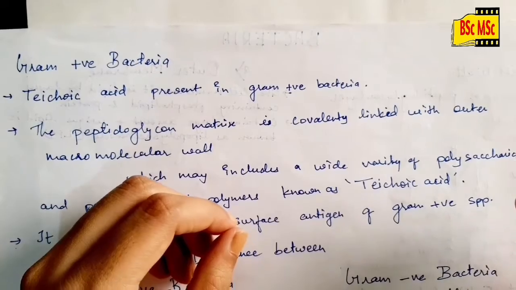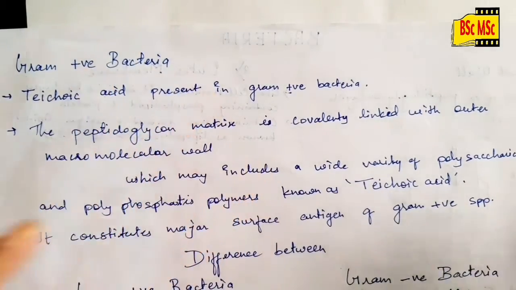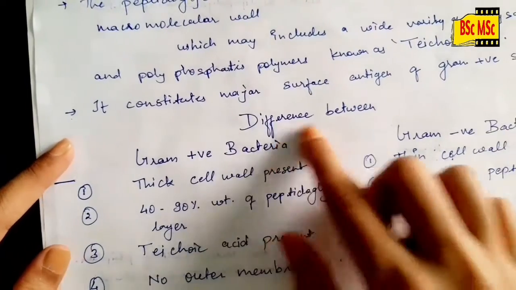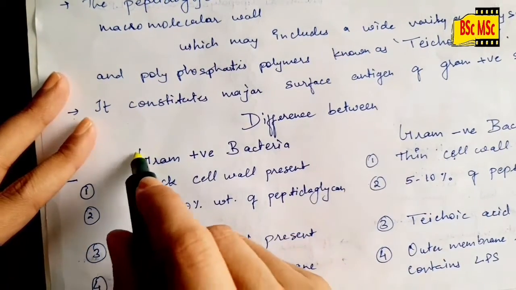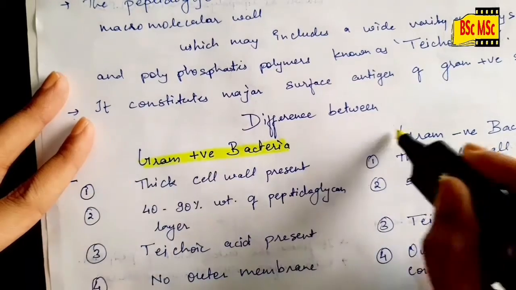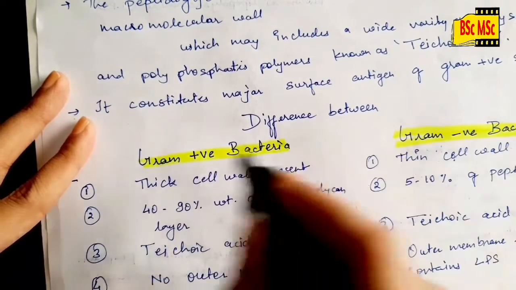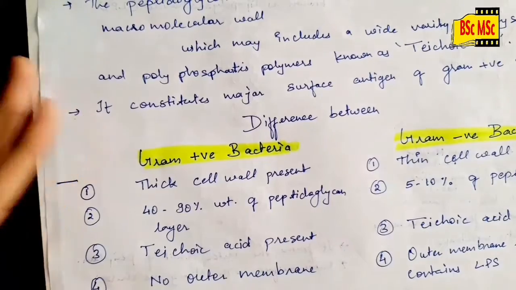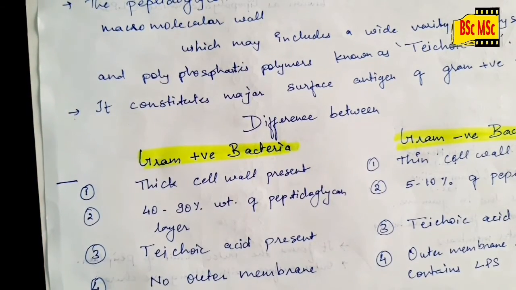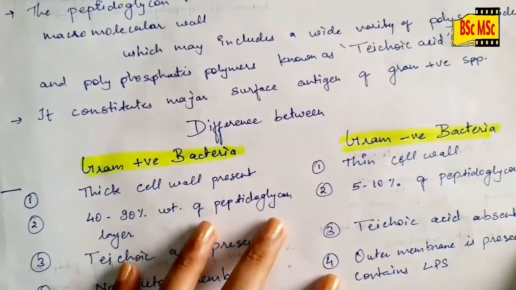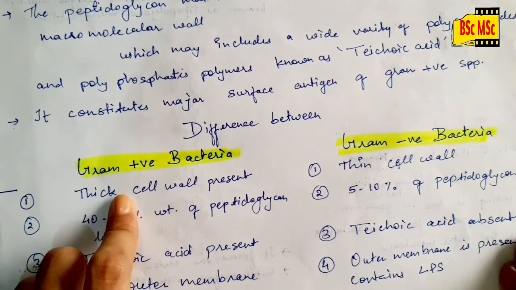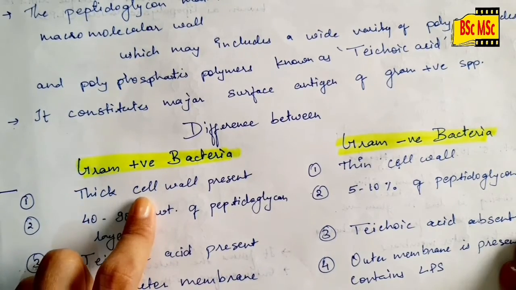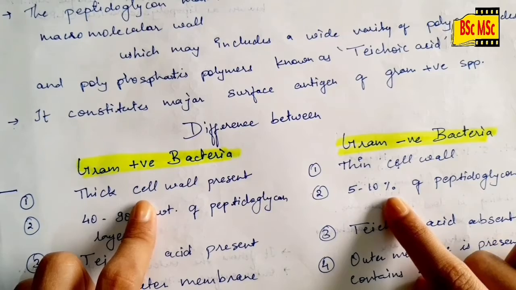Now we'll come to the main topic, which is the difference between the gram-positive bacteria and gram-negative bacteria, which is very much important. When we have studied about the cell wall and the outer membrane, we all got to know that 40 to 90% of the cell wall weight and 5 to 10% of the cell wall weight.